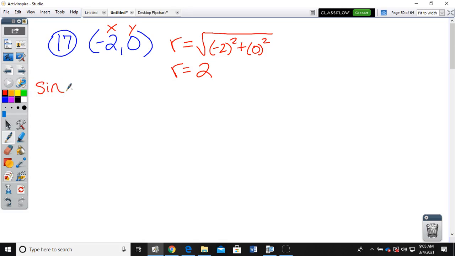It sure does. Because here the 0 is 0, right? And so square root of 4 is 2. Why is it 4? Because negative 2 times negative 2 is 4. Okay?